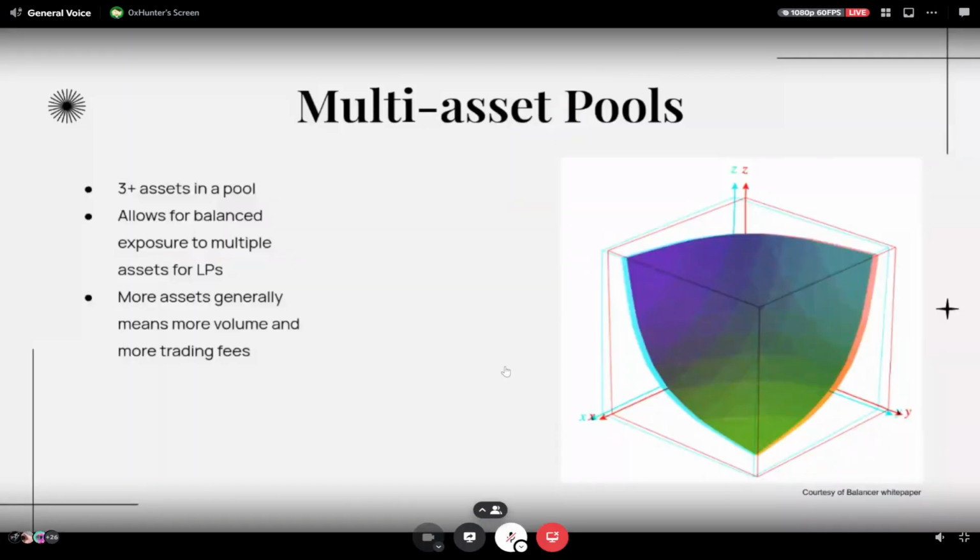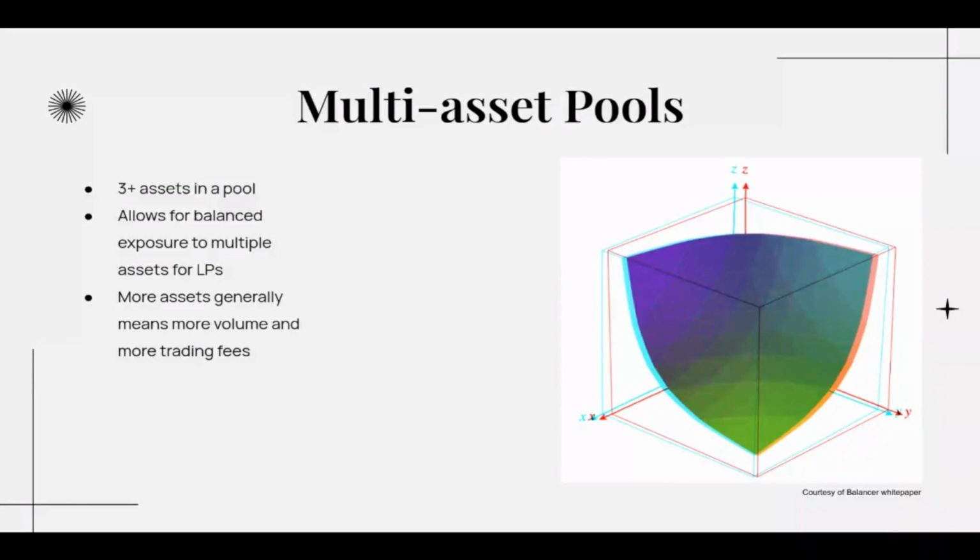So if you want like 80% stable coins, 20% Ethereum, something like that, there can be a Balancer pool created that is that composition, and you'll be able to provide liquidity for the ecosystem, maintain a ratio of assets that you feel comfortable with, and earn trading fees for that. And so it's kind of a cool concept of being able to combine these things.